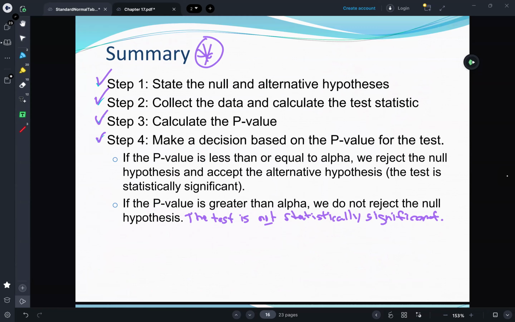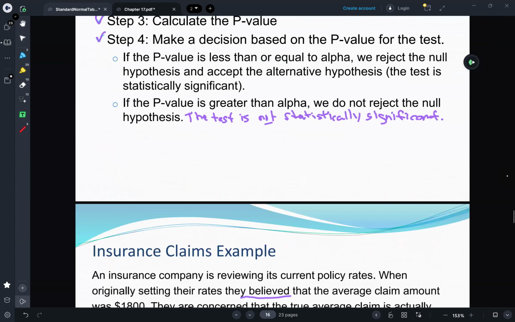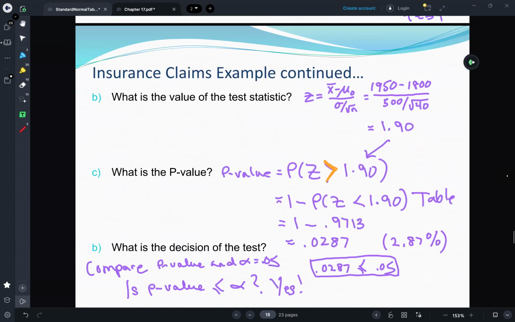If the p-value, so here we're at step 4, if the p-value is less than or equal to alpha, we reject. So are we less than or equal to alpha? We said yes, so we have to follow this slide, then we reject. If it was greater than alpha, then we would be cannot reject. Okay, so know this slide really well and you can make that decision.